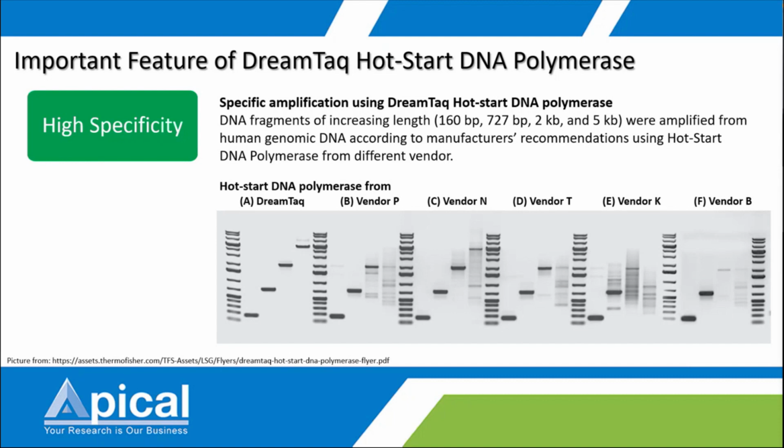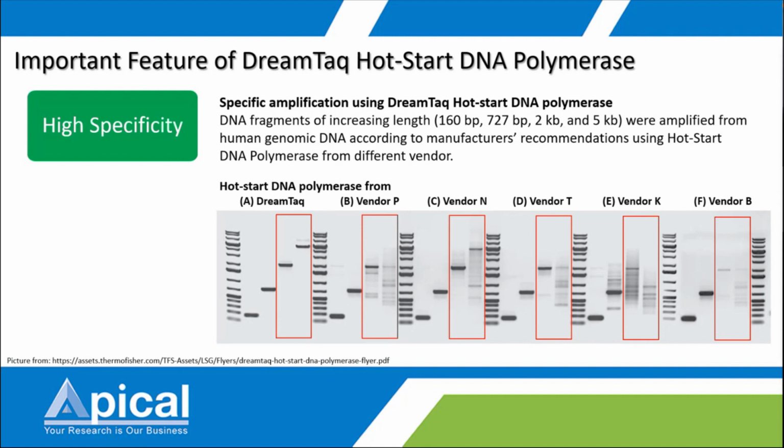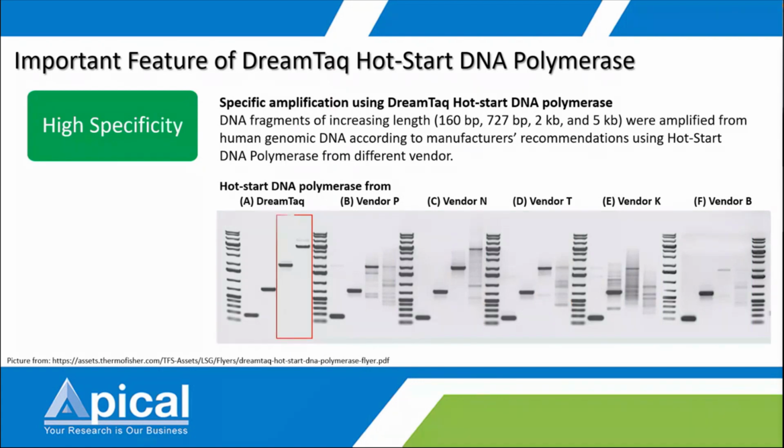However, when the amplicon size becomes bigger, you can see that some of the polymerases will give you unspecific bands, even though they are hot start polymerases. This actually depends on which hot start technology is used. But with the specially modified DreamTaq hot start polymerase, the amplification here is highly specific, even for a big amplicon size like 5 kb. So it can give you good specific amplification with good yield.